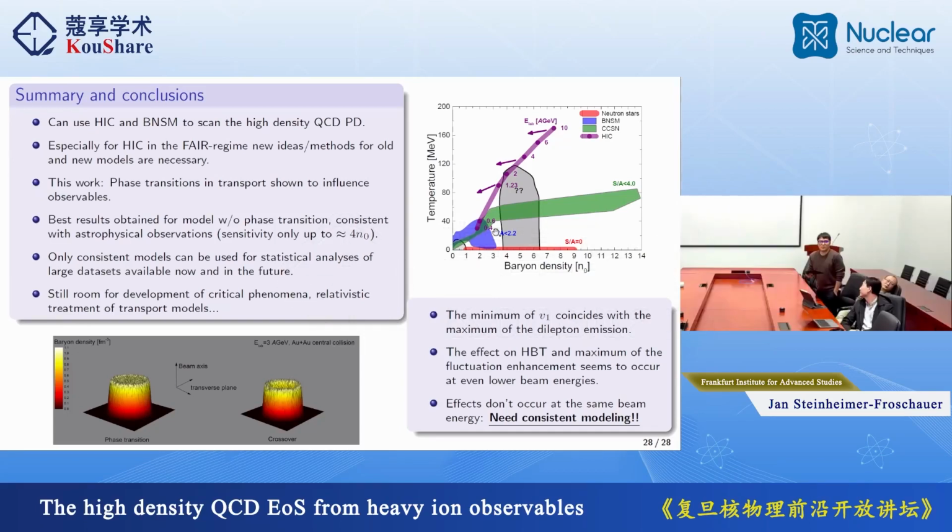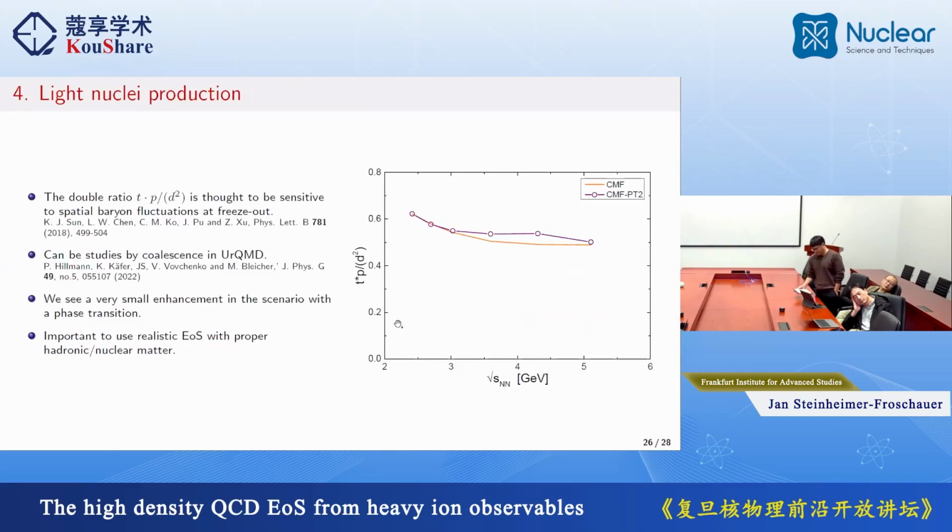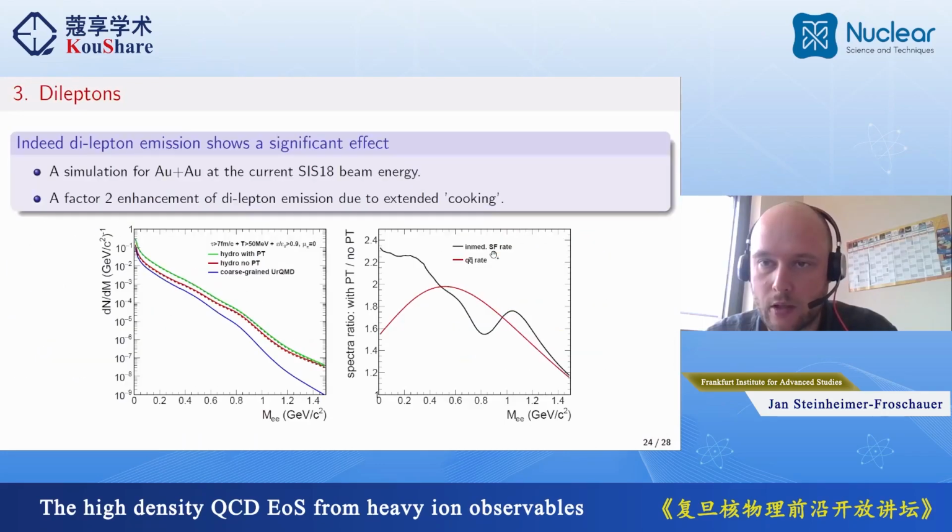So could you give any conclusion about whether, from your study on v1 and HBT, the data show a signal for the phase transition? Yeah, so I didn't show this actually.